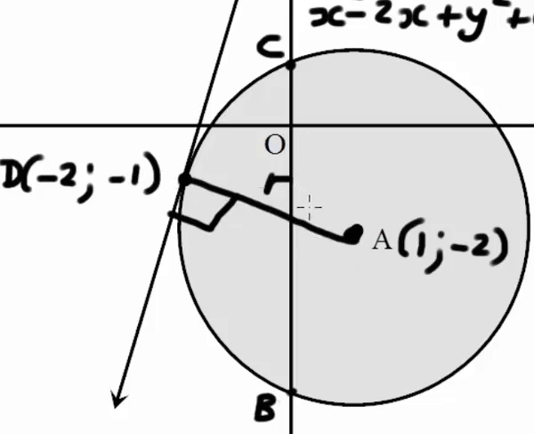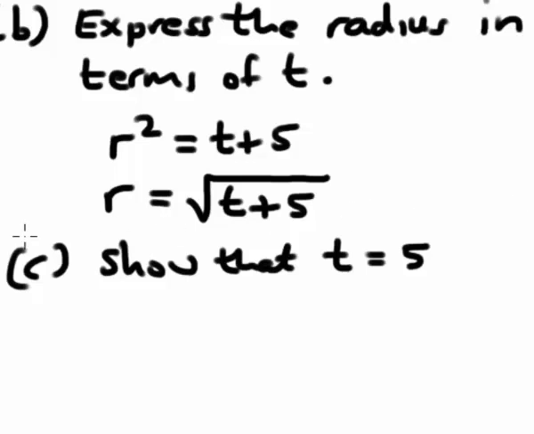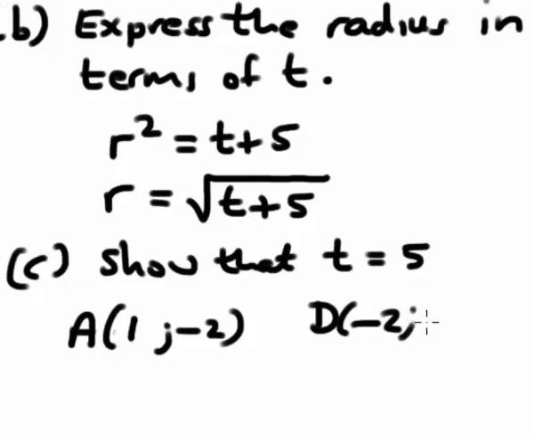We've got something for r, and maybe it'll work. So if I take my coordinates, A is the center, which is positive 1 and negative 2. Then we've got the point D as negative 2, negative 1.